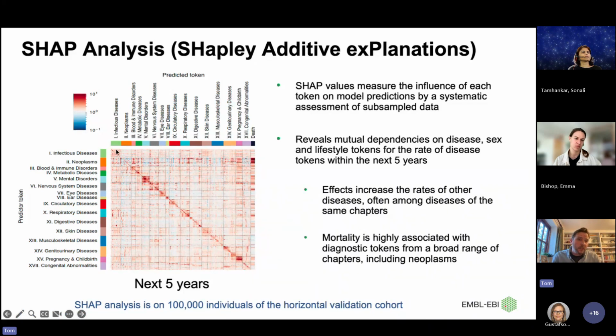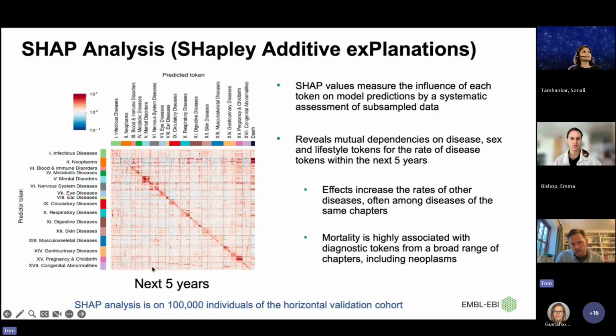So it's kind of a two-way thing, predictor versus predicted. And what you can see here is that, again, most of the ICD-10 chapters are close or impactful to each other. So once you have one disease within a chapter, the model thinks it's very likely that you're going to get another one within that chapter for a period of time.